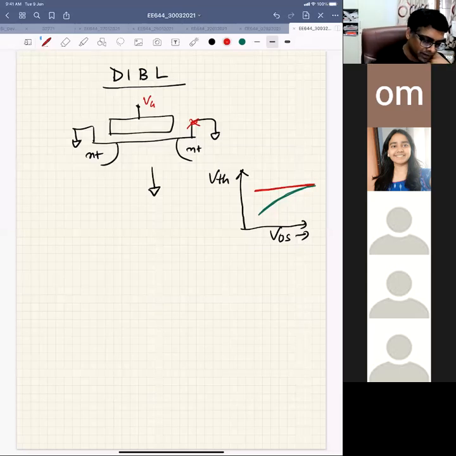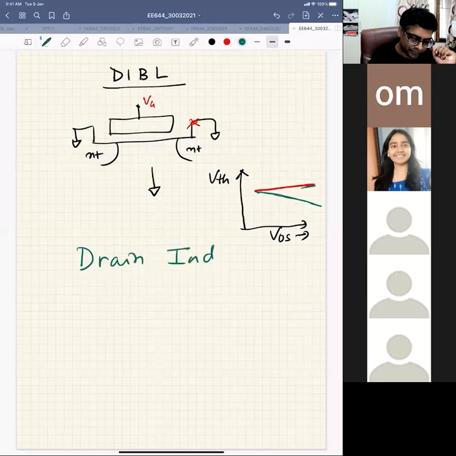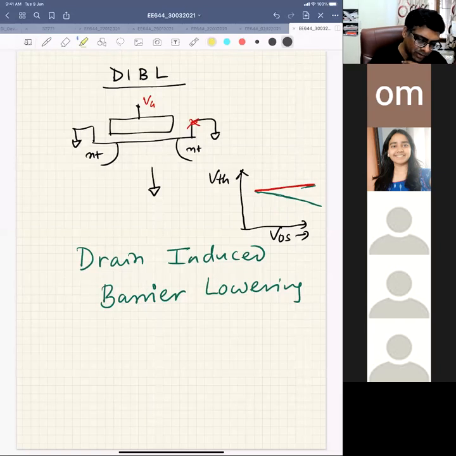Sorry, it's the opposite. The threshold voltage will decrease as you go on increasing your VDS, and that phenomenon is called drain induced barrier lowering. And this barrier that we are talking about is the source to channel barrier, this barrier at this point.